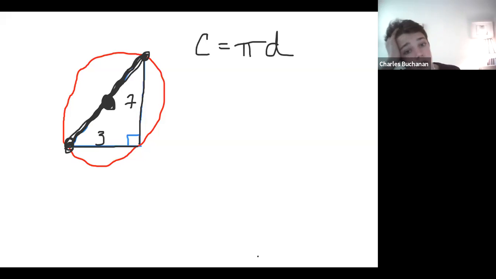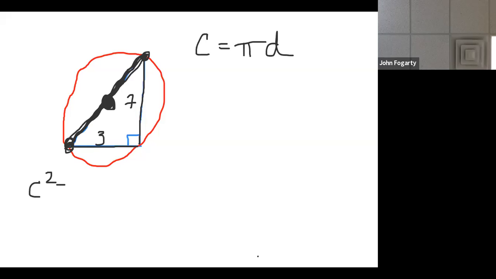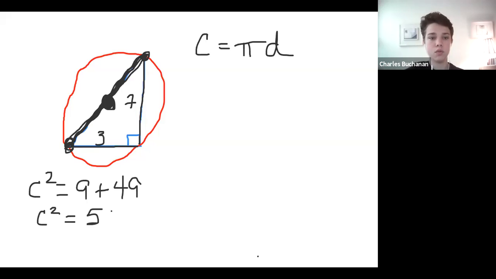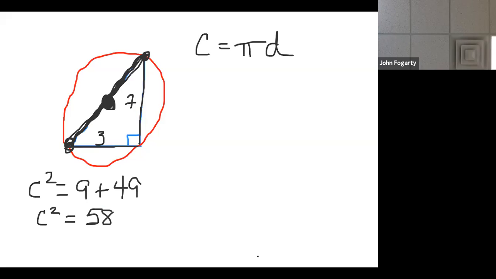3 squared plus 7 squared equals... 3 squared is 9. 7 squared is 49. So what's c squared? 58. Yes, good. So what's c? Square root of 58.